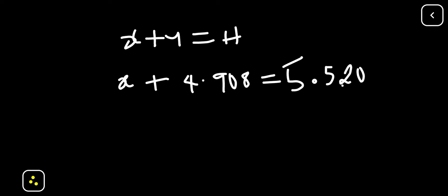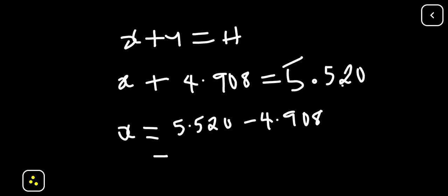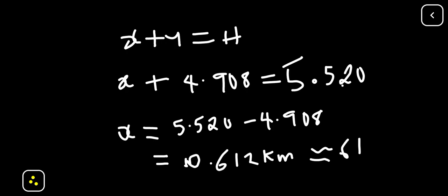So now you know that X is equal to 5.520 minus 4.908 kilometers, and this should give you 0.612 kilometers, and in meters, you have 612 meters.